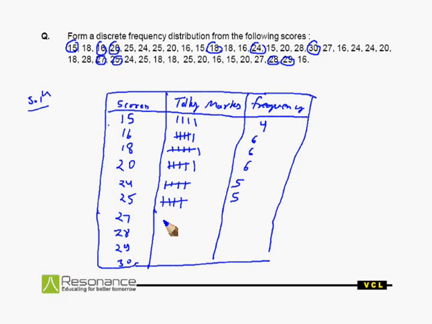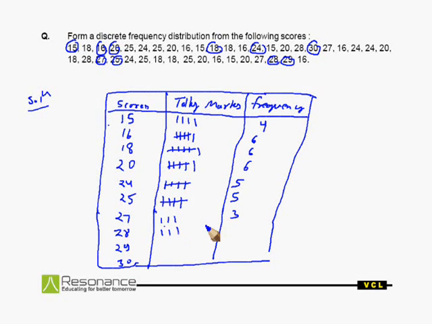And 27 repeats only 3 times: 1, 2, and 3. The 28 also repeats 3 times.